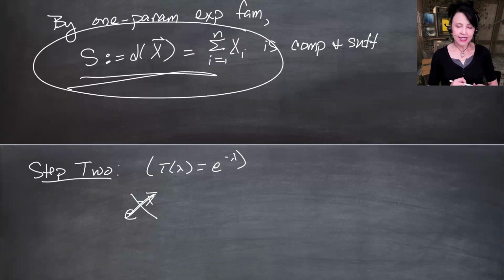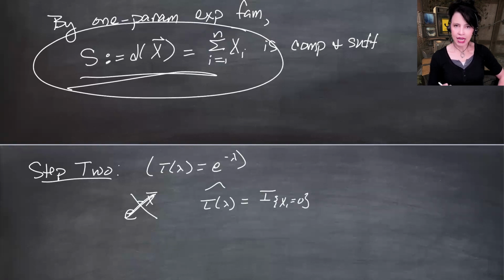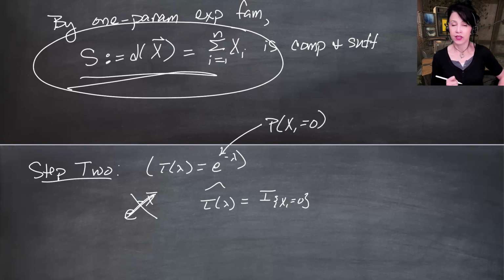And in this example, we started with an unbiased estimator, which was the indicator that x1 was 0, because the expected value of an indicator is the probability of the thing being indicated, and this function is the probability that one of them is 0.